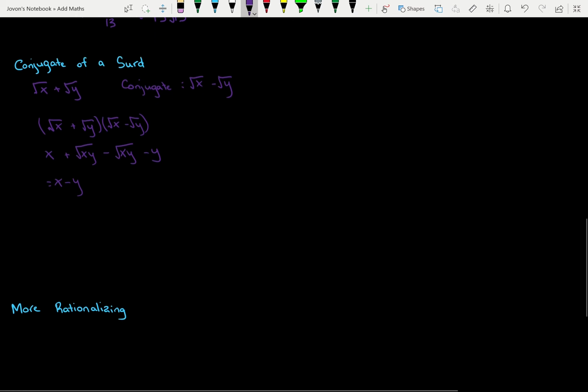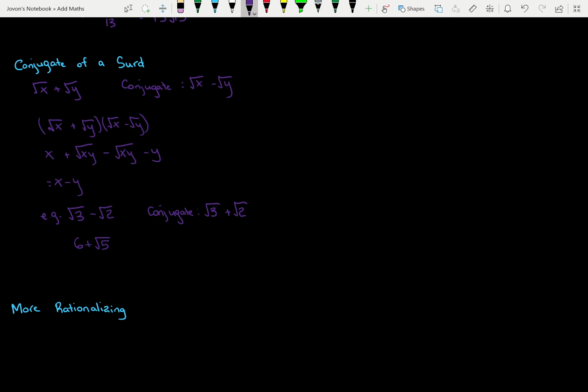Okay, so for example, let's say we have the square root of 3 minus the square root of 2. The conjugate of this surd is the square root of 3 plus the square root of 2. Okay, let's say we have 6 plus the square root of 5. Now notice they don't both have to be in square roots, okay?